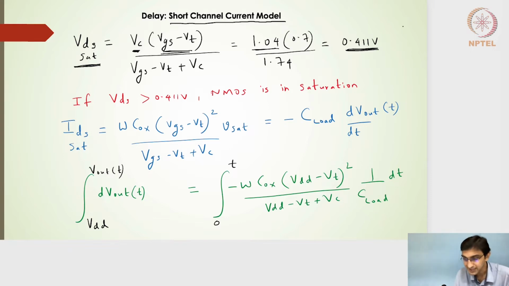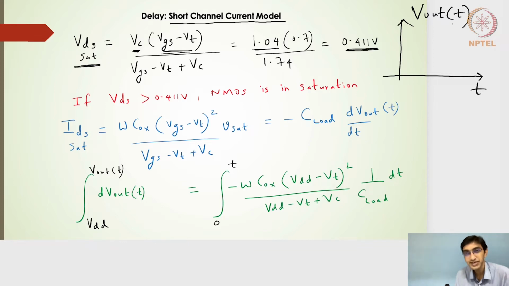If I draw a time axis here, and let's say this is the output voltage of the NMOS transistor in the inverter circuit, in the long channel model we got two profiles: a linearly decreasing output voltage profile, and then an exponentially decreasing profile.